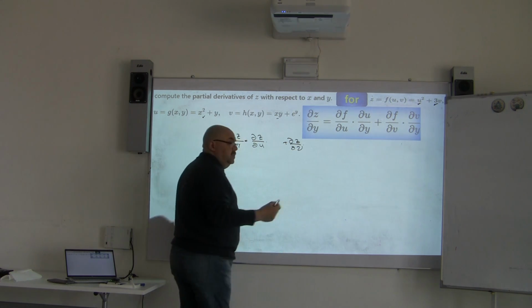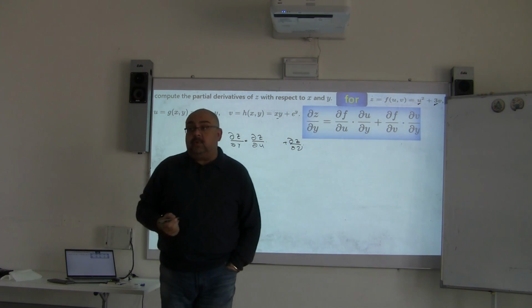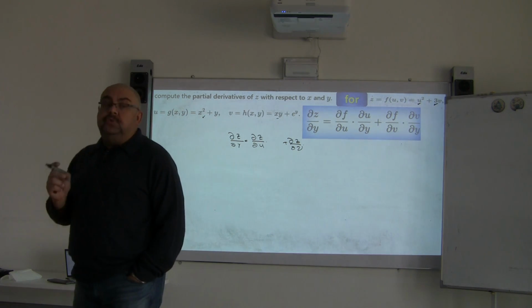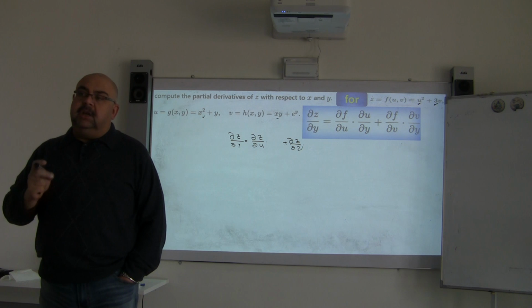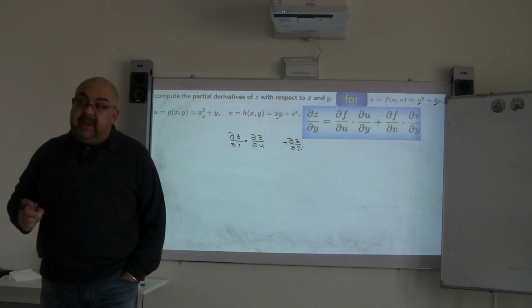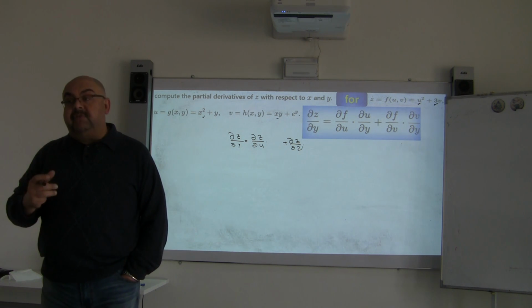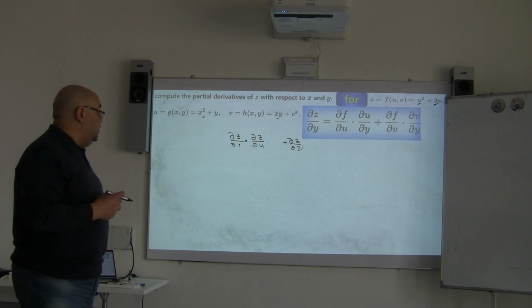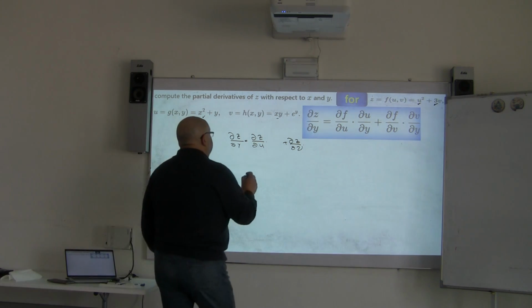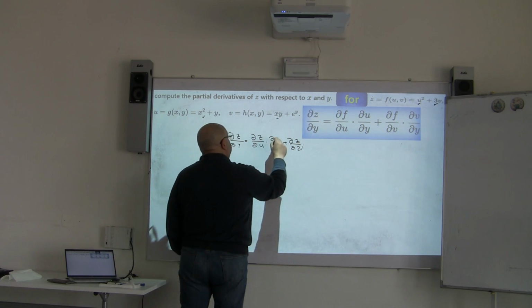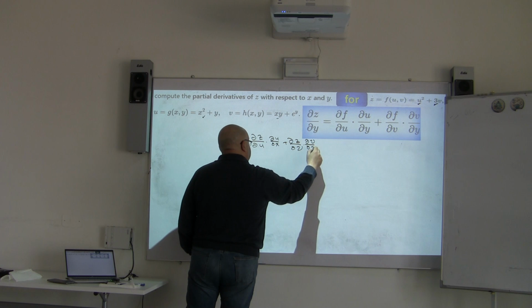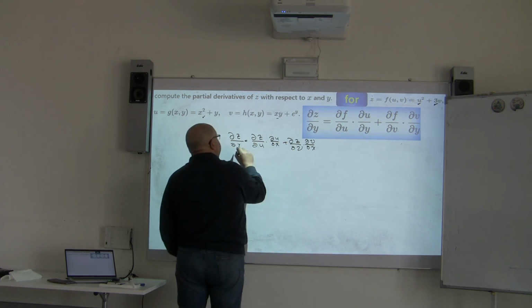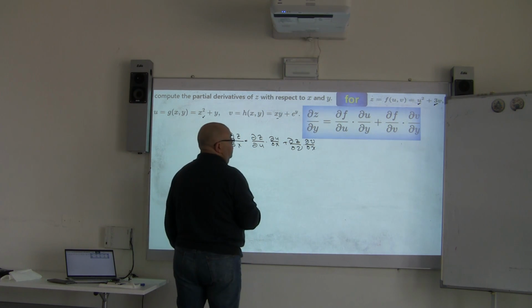Then I will use the chain rule, like what we did in the previous session, to move to the second step, which is assigning this derivative for the variable x, which is one of the variables that already exist in u. So all I have to do is to multiply by partial u, partial x, times partial v, partial x. This is if I'm getting the derivative with respect to x.